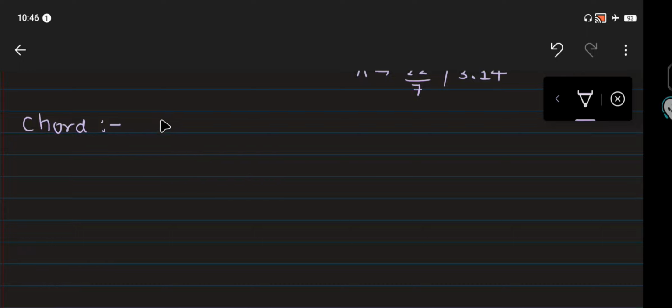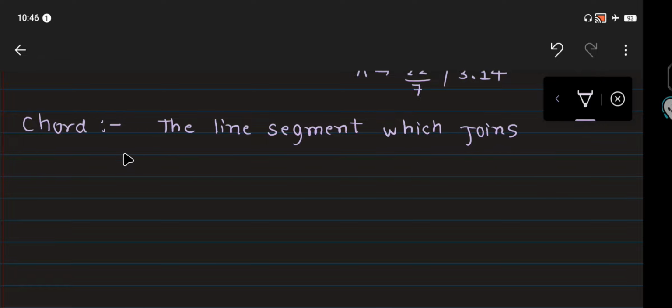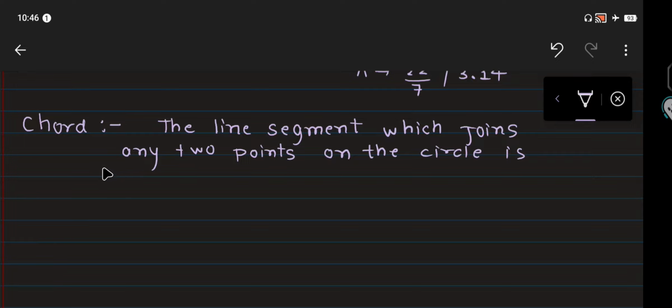So we can write: the line segment which joins any 2 points on the circle is called a chord.